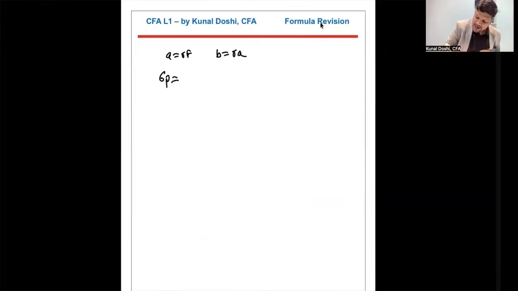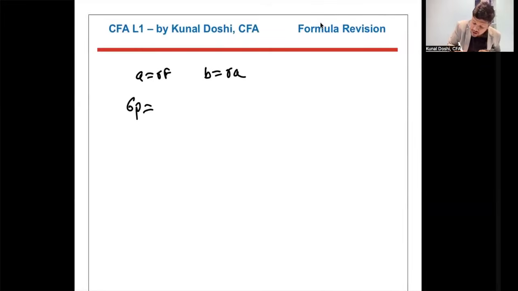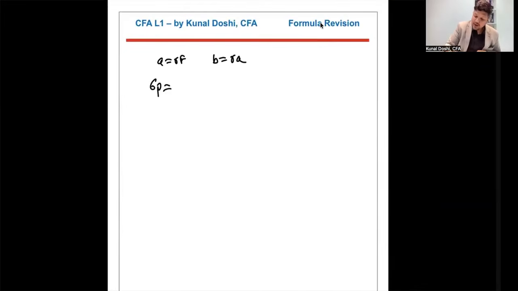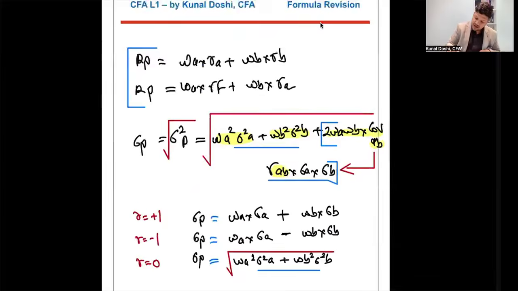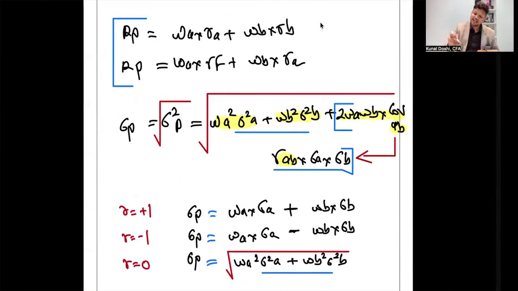Now, if there is one asset which is risk-free and one risky asset, remember the portfolio risk. What is the standard deviation of the risk-free asset if nothing is mentioned? Standard deviation of risk-free is 0. So in your portfolio risk, everything where one asset is risk-free will become 0. Those students who were with me know we've derived this. If the standard deviation of A is 0, this will be 0 and the last part will also be 0.